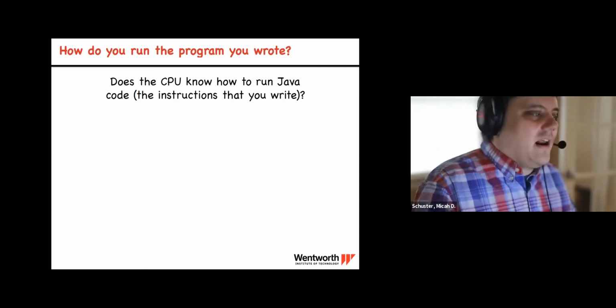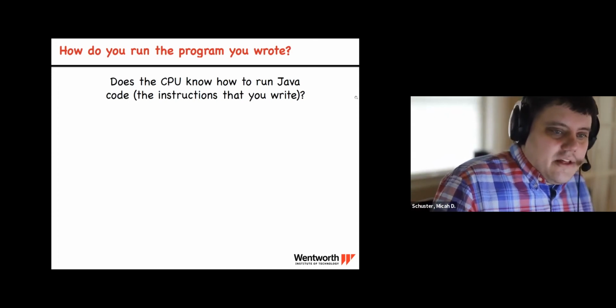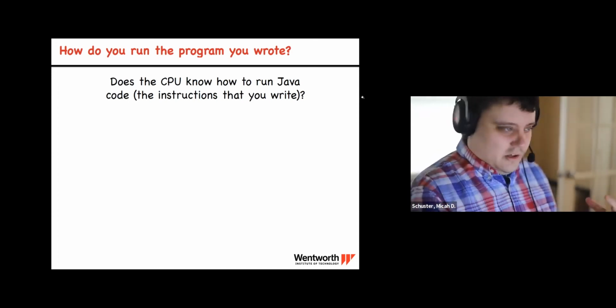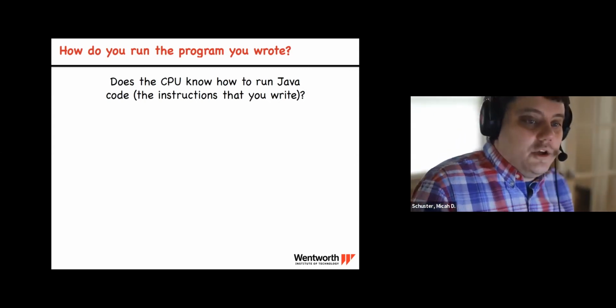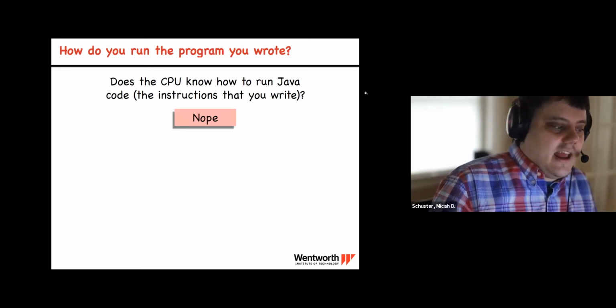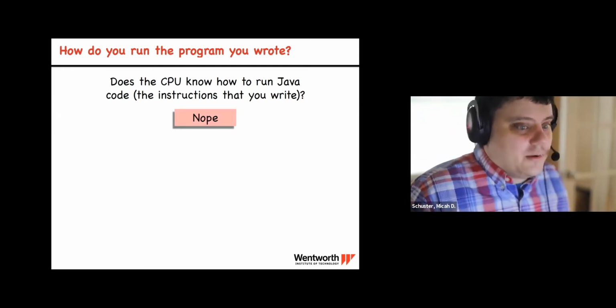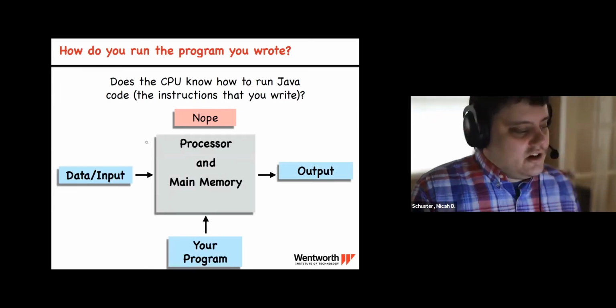It doesn't know anything about how to run those instructions that I'm going to end up writing. There's a process to go from something that you can read, something you can visually look at and say this is what the program's doing, to something that the CPU can actually understand. So does your CPU know how to run Java code? Absolutely not. So the process looks like this. So here's that high-level overview.